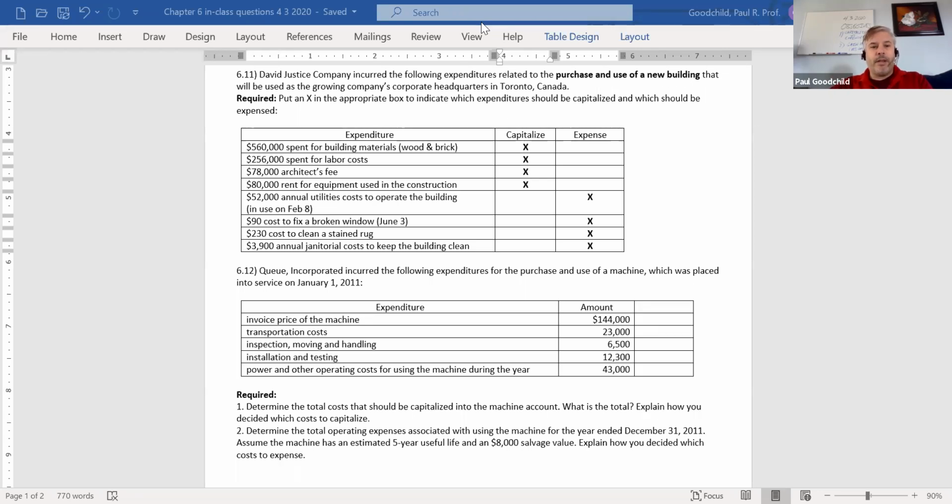Whereas an expense, we want to account for that in the particular period. So if it's going to have long-term use, then we want to capitalize it. And if it's going to be short-term and just related to that period, then we want to go ahead and expense it.